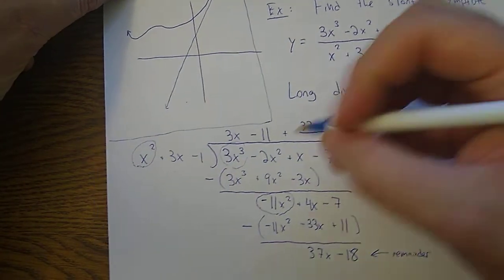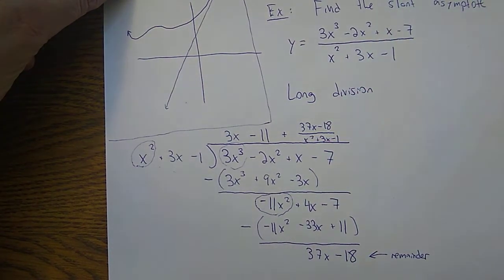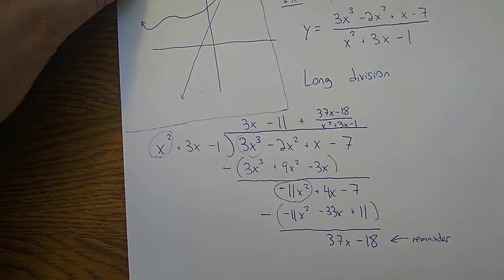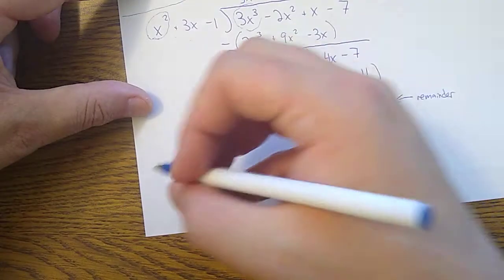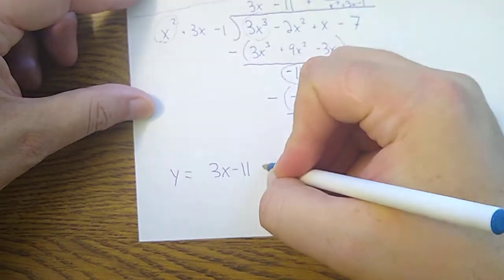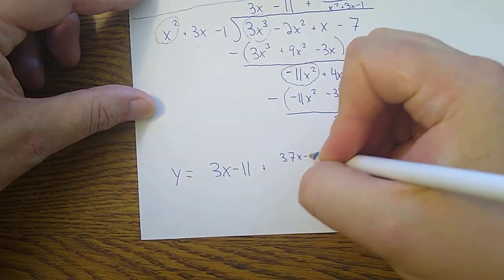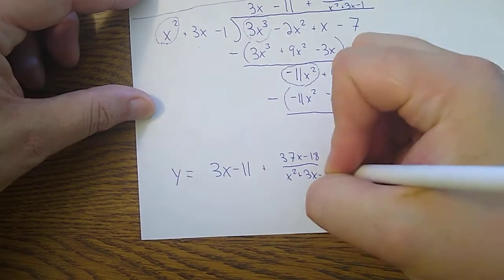It's this same x squared plus 3x minus 1. Okay. So what did we just do? I just did long division. We started with this, and then I did long division, and I got this: 3x minus 11 plus (37x minus 18) over (x squared plus 3x minus 1).